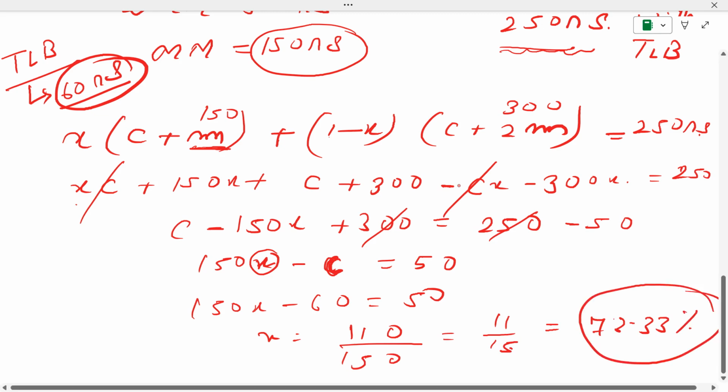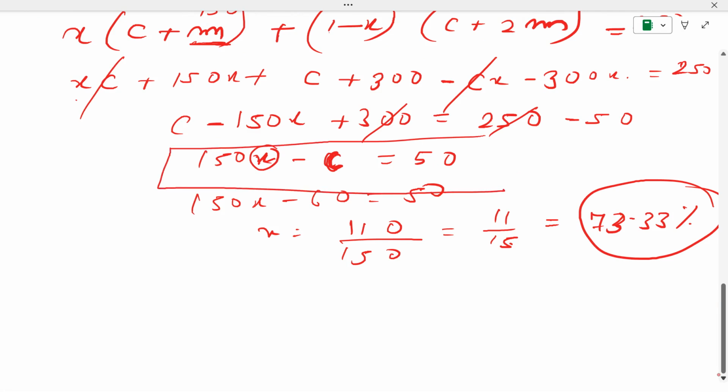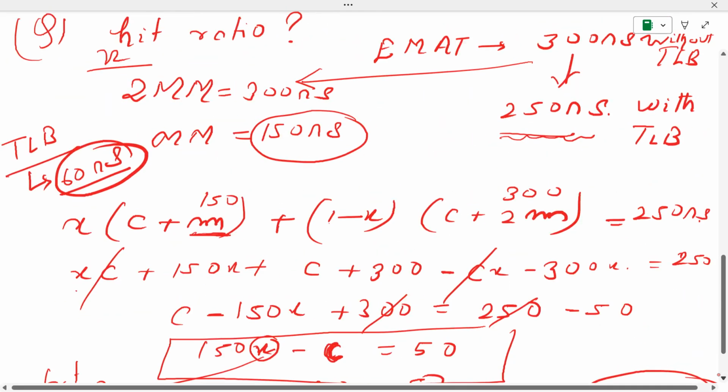So the TLB hit ratio is 73.33%. So this way we can calculate, but just note that at least one thing has to be given. Either we need to be given the hit ratio, or we need to be given the TLB access time, okay? Because these are two variables, we need at least one for solving this.